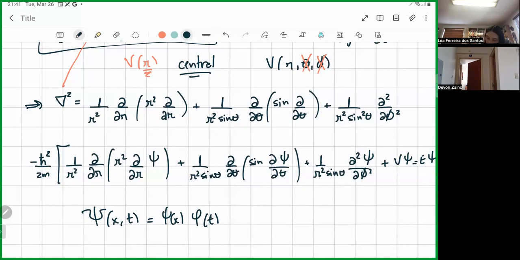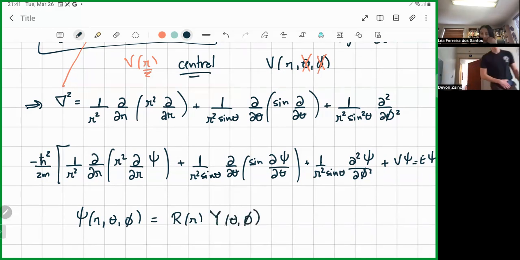Okay, now, this is chapter 2. We already did this separation. Now, what survived in this story is this function. But I'm saying that the potential does not depend on theta and phi. So then I can try to separate the variables like that.